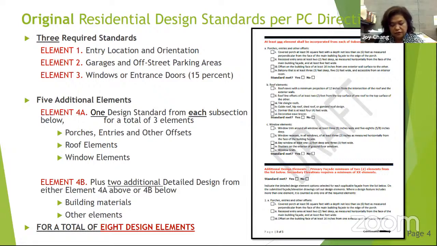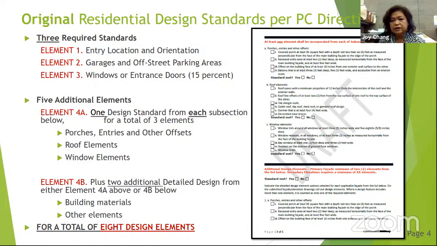The checklist itself helps in regards to how we would implement this at the time of building permitting. The first example that you have in front of you is the original design standard that was recommended by the Planning Commission. In both of these checklists, both the original and the second option require 3 required standards.